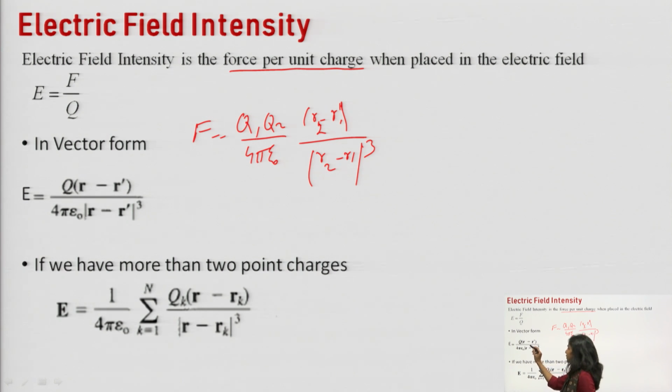So this is the generalized formula for electric field in terms of position vector. Now again, if there are more than two charges, then the total electric field will follow the superposition law. It means that we need to sum up the individual electric fields, which will give the final total electric field.